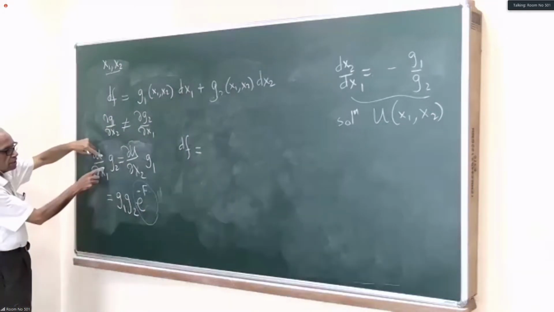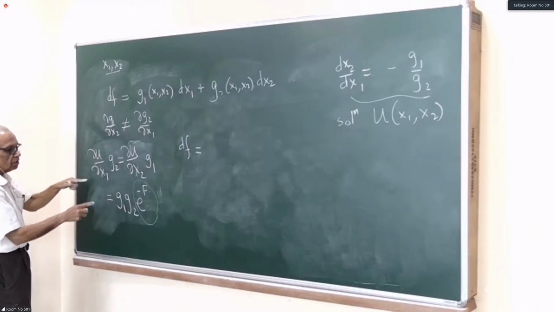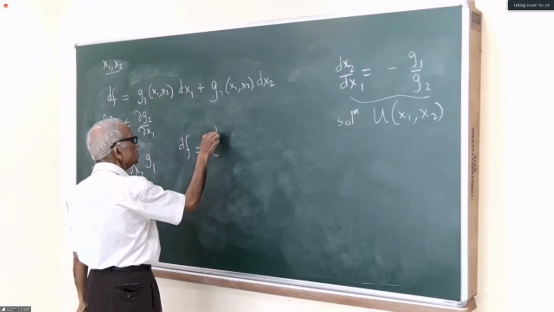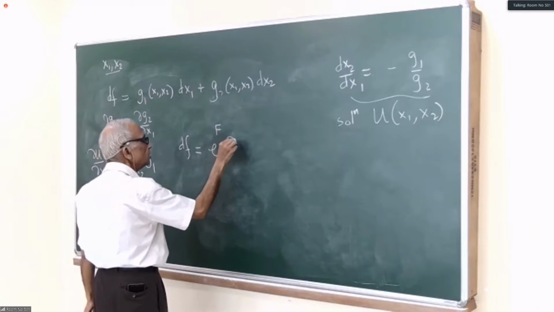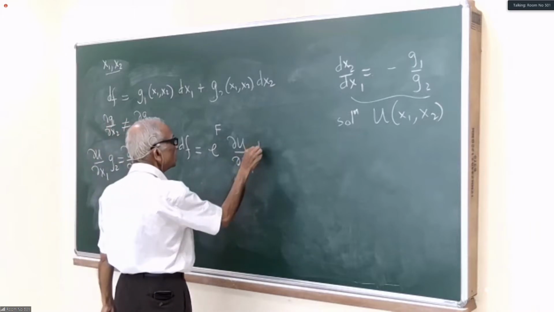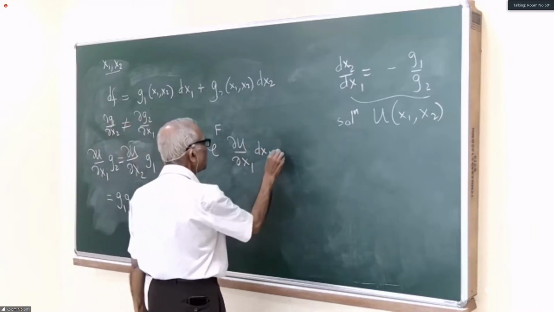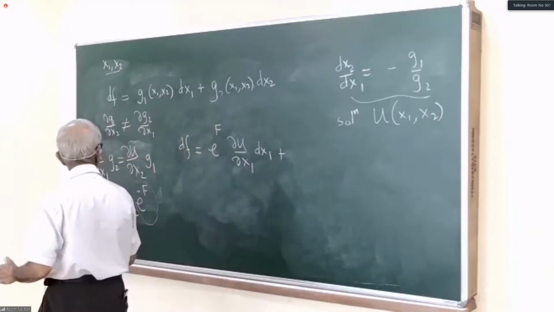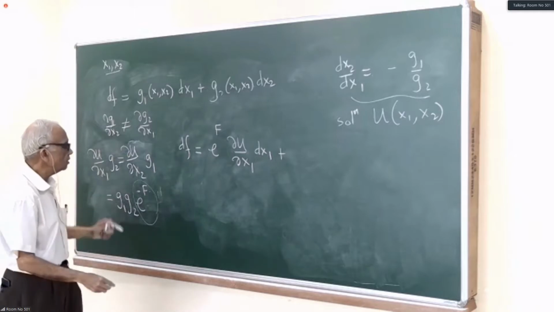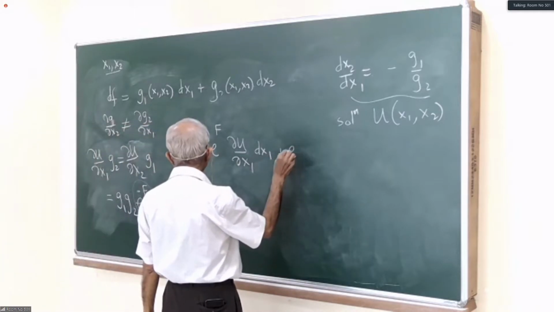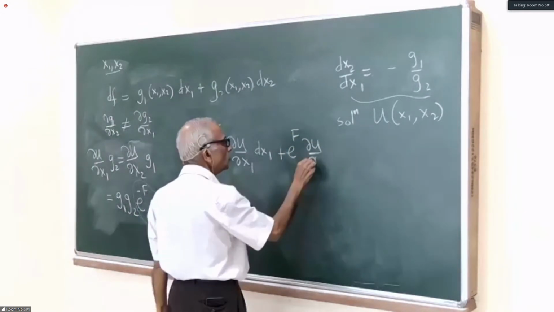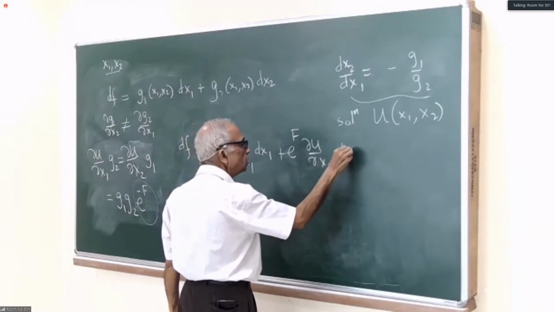If I connect this with this, g1 is writable as e to the power F del u del x1, and then it is dx1 plus g2. g2 I'll get from this connection here, and that is e to the power F once again, and it is del u del x2 dx2.